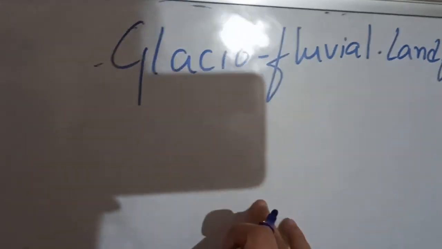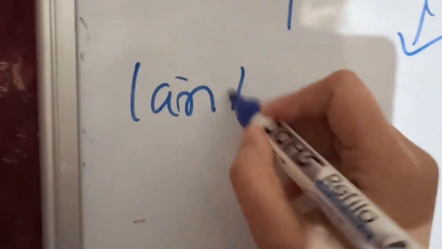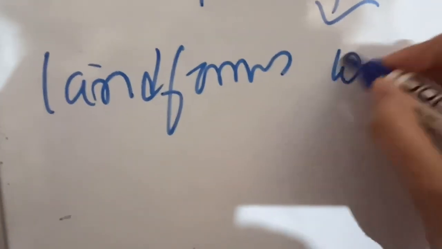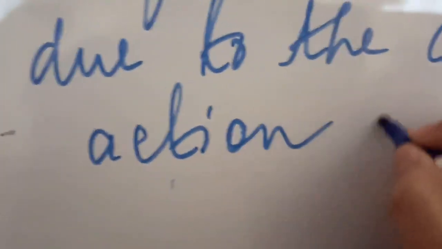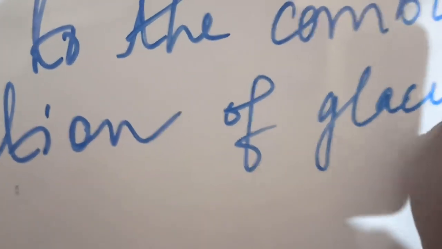Today I am going to continue with the Glacier Fluvial landform. In the previous videos I have discussed the glacial landforms formed by erosion and deposition. So the Glacier Fluvial landforms are the landforms which are formed due to the combined action of glacier and river.